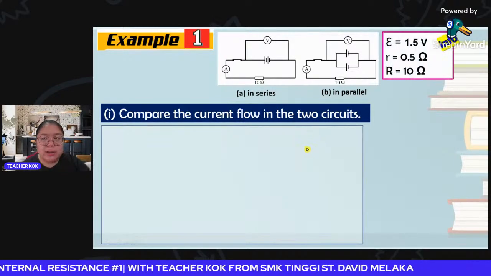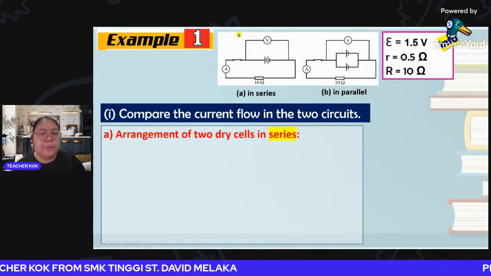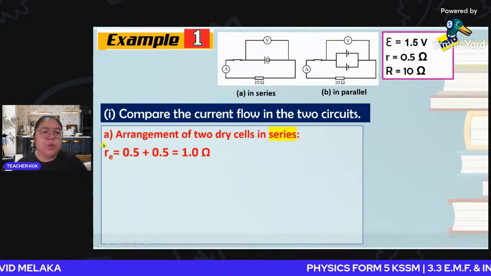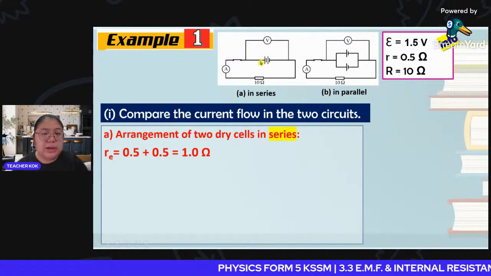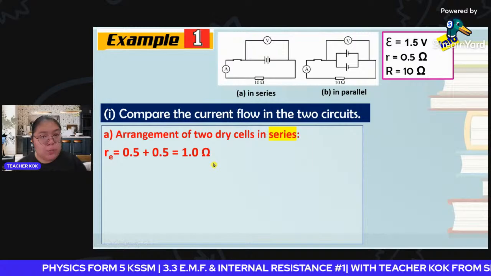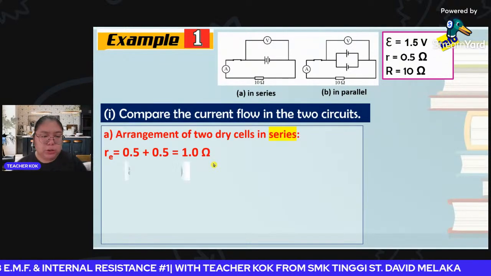This one is the info before that. So we're going to see the part for the series first. Series, first one, internal resistance. This one is a series, so 0.5 plus 0.5, that's 1 ohm. Okay, no problem. Then we go to number 2. Continue.